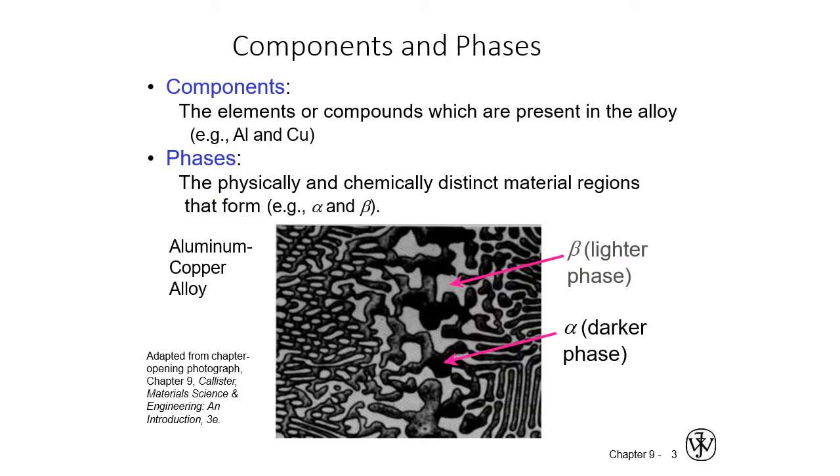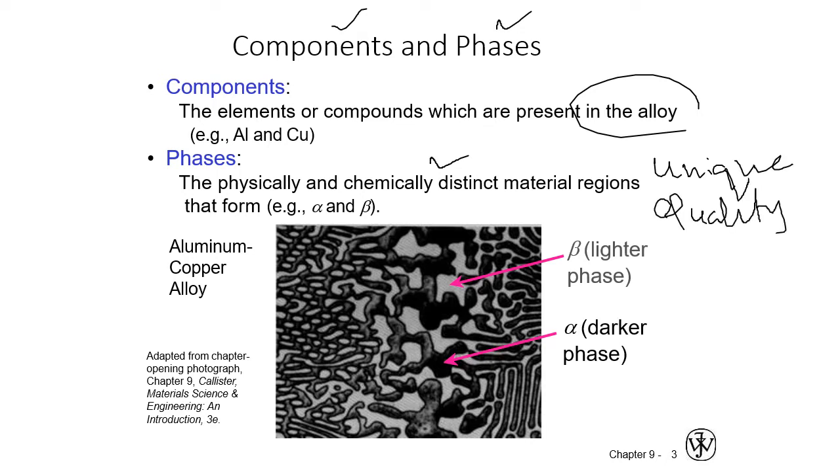So what is the difference between a component and a phase? A component is basically the element or compound that is present in the alloy, right? And phases are chemically distinct. I told you in the previous slide that a phase is a unique quantity which has its own composition.